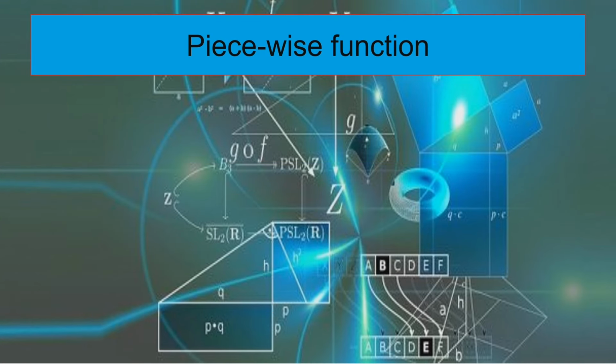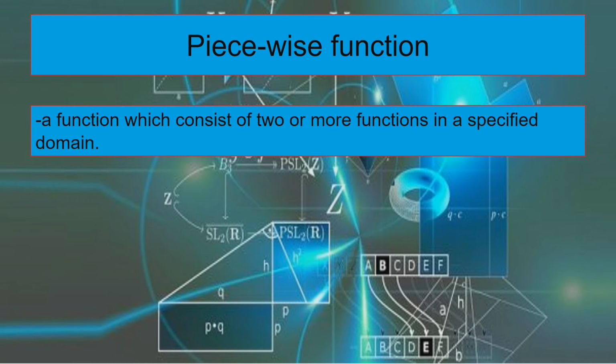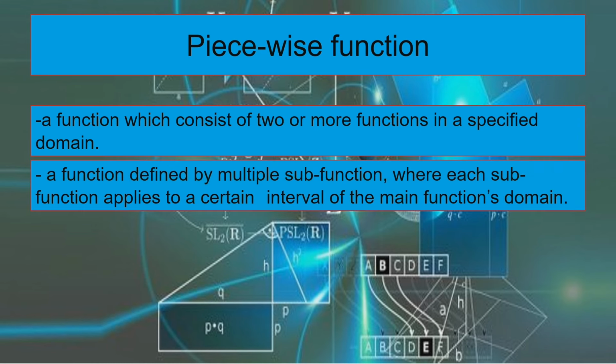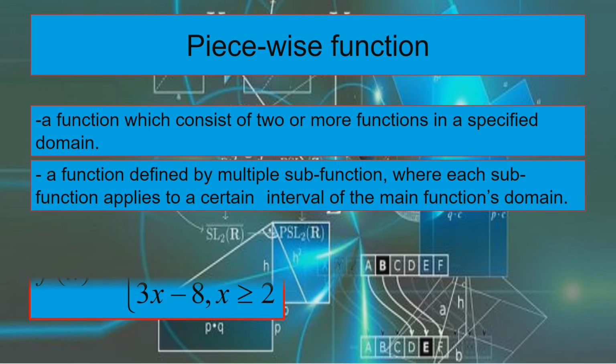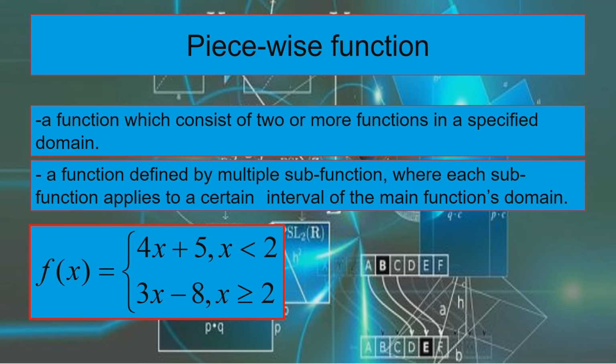Piecewise function. Ano nga ba ang piecewise function? Ang piecewise function is a function which consists of two or more functions in a specified domain. Another definition, a function defined by multiple subfunctions where each subfunction applies to a certain interval of the main function's domain. So I have here an example. f of x is equal to 4x plus 5 if x is less than 2, and 3x minus 8 if x is greater than or equal to 2.